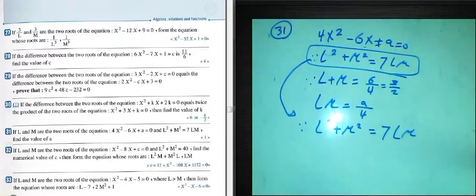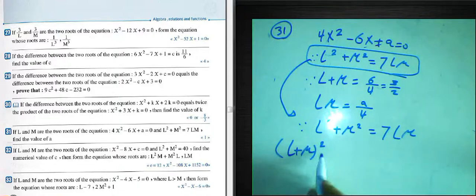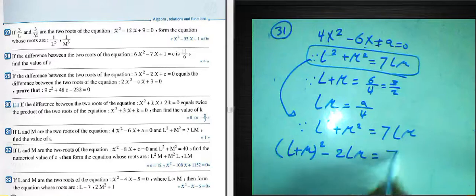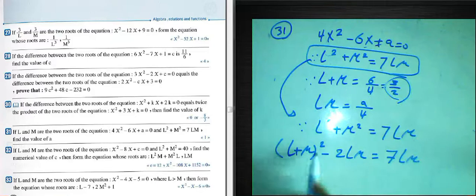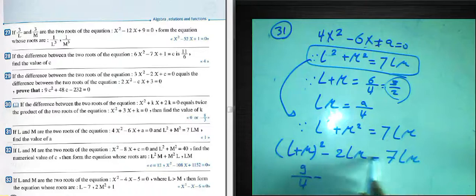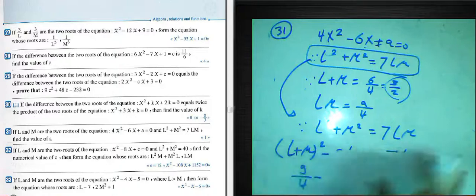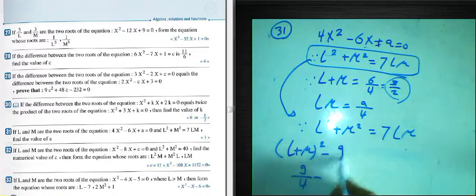Is it clear? We come to this relation and expand it. L plus M to power 2 subtract 2LM equals 7LM. We know L multiply M and L plus M. L plus M equal 3 over 2, so we write 9 over 4 subtract 2LM equals 7LM. We move everything to one side: negative 2 negative 7 negative 9 LM equals 0.